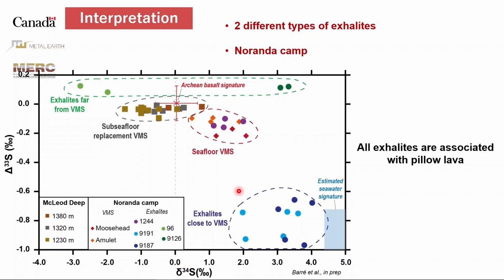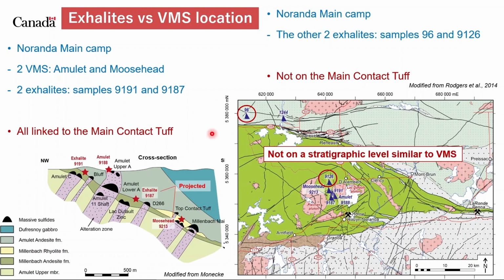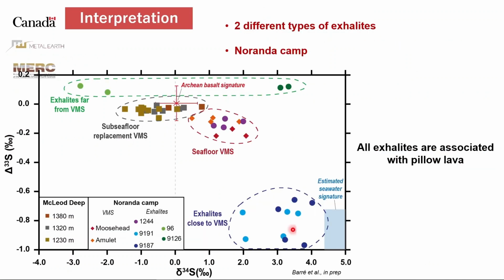Just to explain this isotopic signature, as you probably know, in the Noranda camp, most of the VMS deposits are aligned in what we call the main contact tuff. When we observe the exhalites, here are exhalites with a really huge influence of the seawater sulfate, and here no influence.